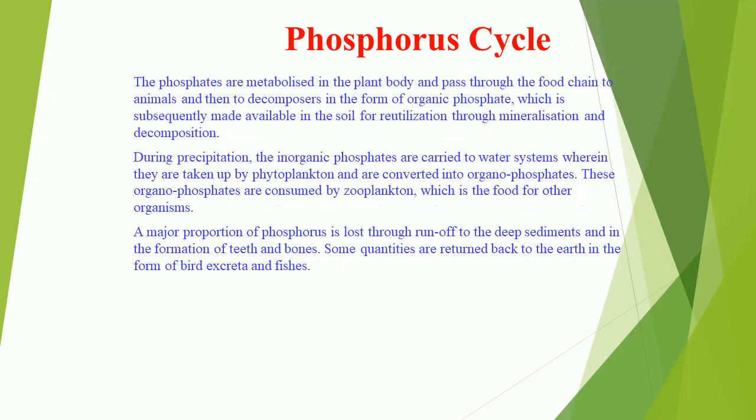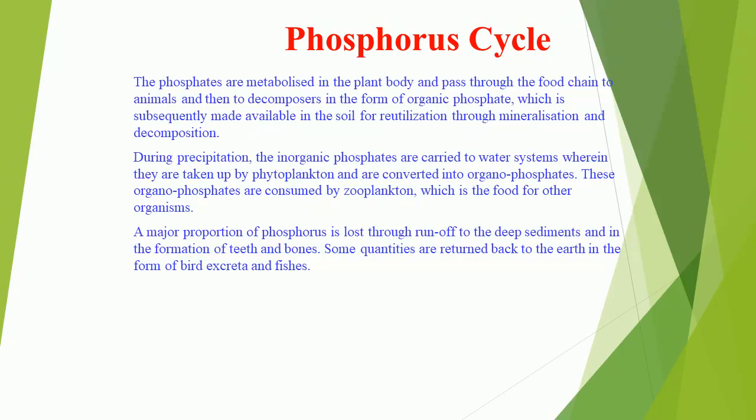The phosphates are metabolized in the plant body and pass through the food chain to animals and then to decomposers in the form of organic phosphate, which is subsequently made available in the soil for reutilization through mineralization and decomposition. During precipitation, the inorganic phosphates are carried to water systems wherein they are taken up by phytoplankton and are converted into organophosphates.